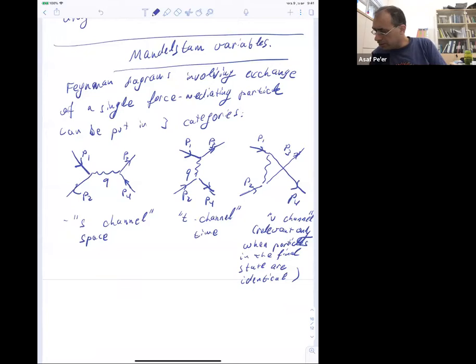Because the U channel is really the T channel, but with this exchange of particles 3 and 4.